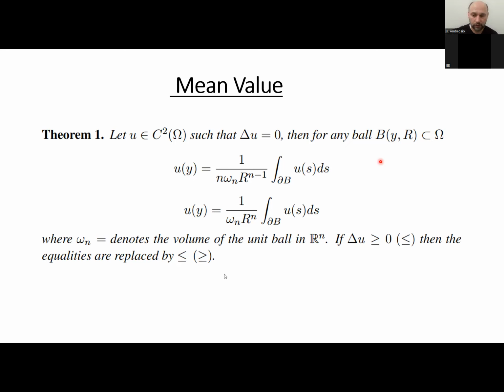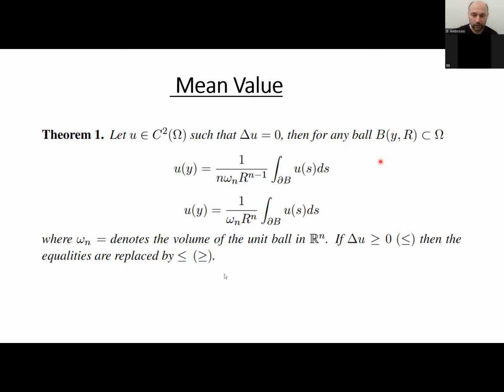But then we note that since M is the maximum value, this quantity is non-positive. So I get that this is non-positive. All right, so what do I obtain?